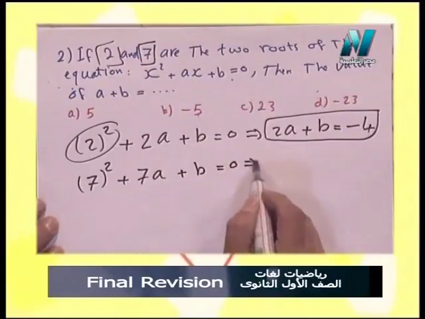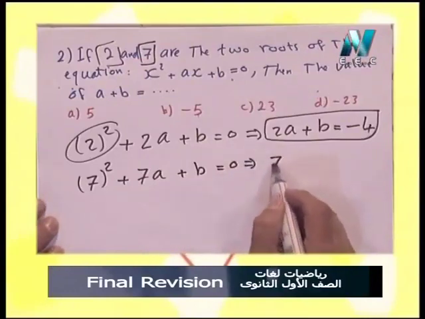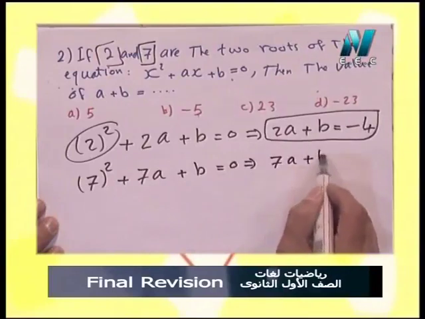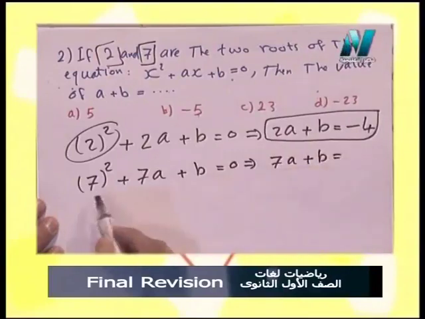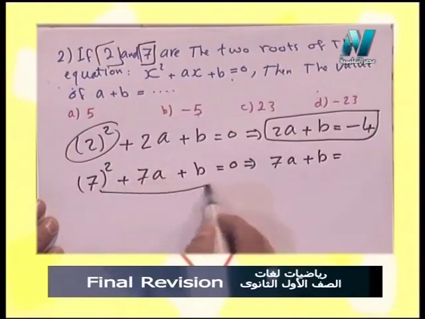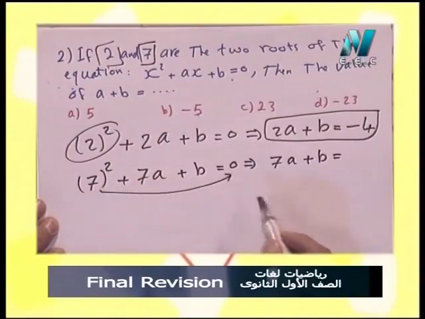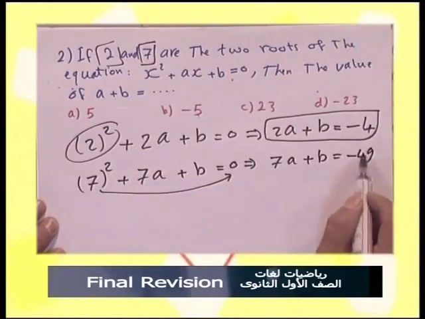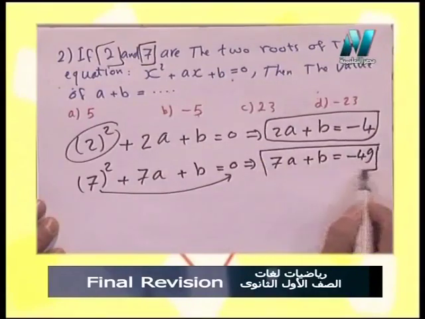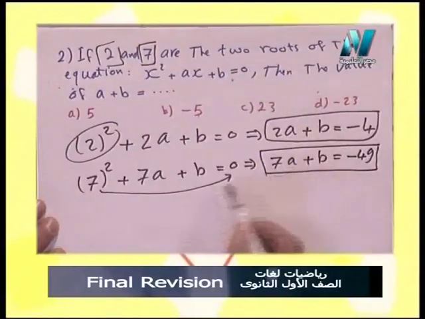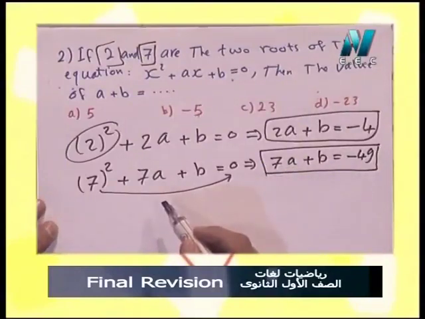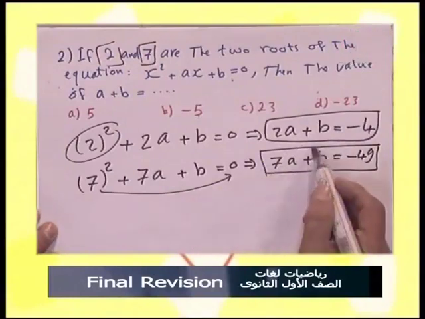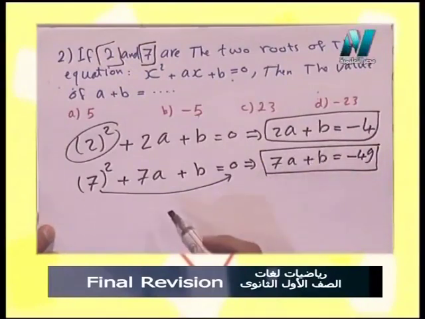So we have an equation now: 7a plus b equals, with 7 power 2 equals 49 transferred to the other side, so it will be negative 49. We have two equations in two variables here, and it's easy to solve.